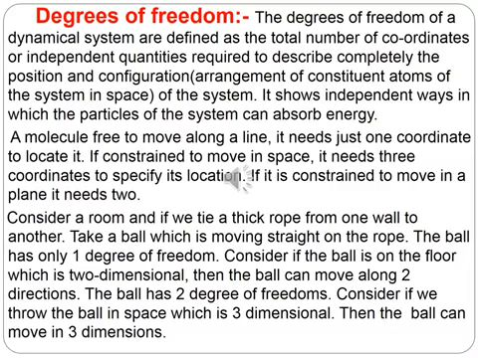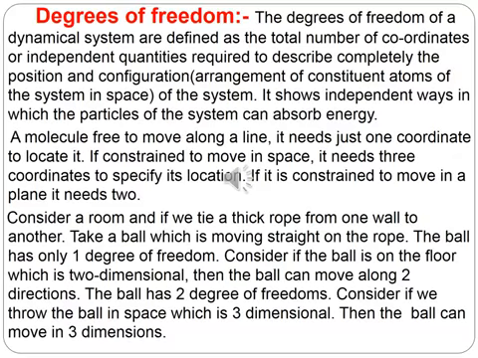Consider a system with just one particle present. Suppose the particle moves along a straight line, we have to use one coordinate, which may be the x coordinate, to specify its position. So it has one translational degree of freedom. Suppose the same particle moves along a plane, we may choose two coordinates, x and y, to specify its position.